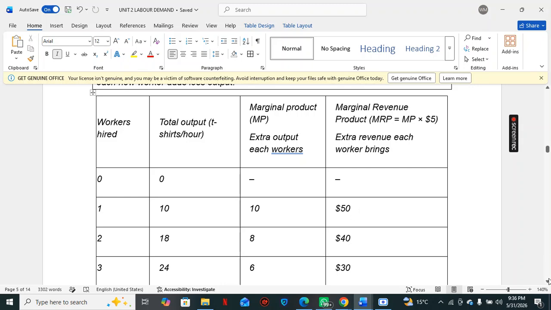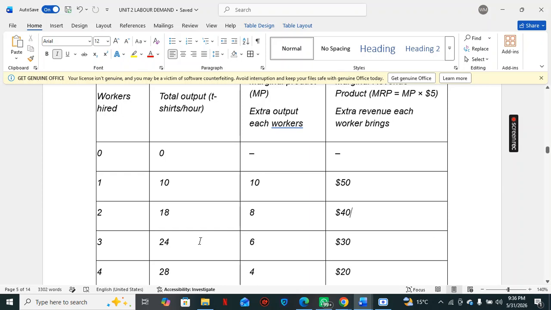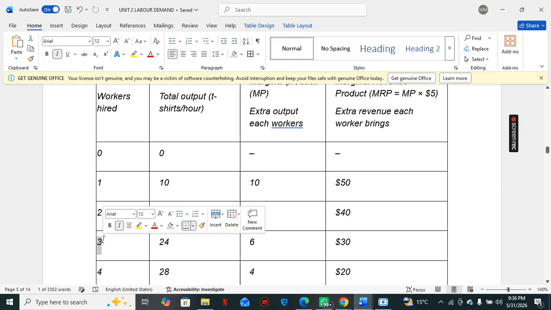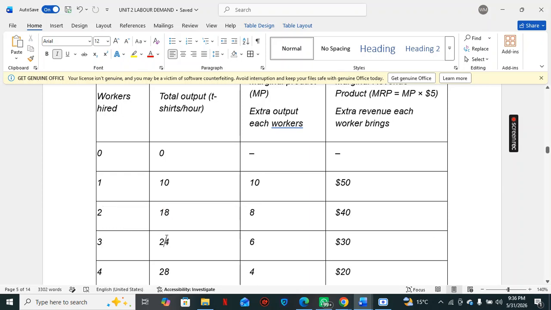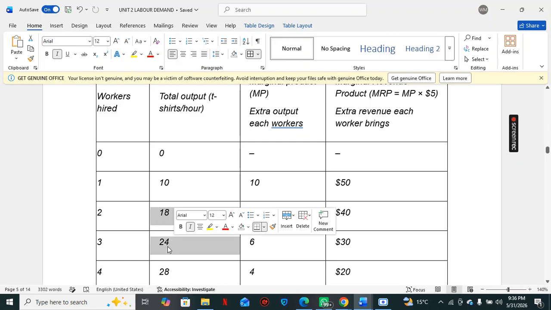You bring in the third worker. Total output 24 units. The extra output is 6 shirts, because when you had 2 workers, you were producing 18 shirts, and with the third worker your output has increased to 24 shirts.